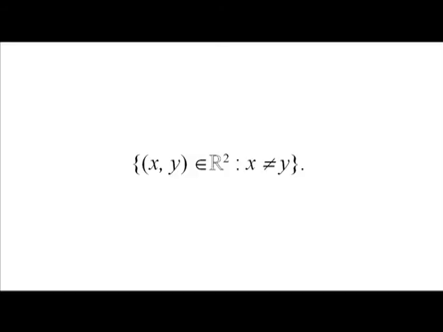That is, f is continuous on the set of all ordered pairs (x, y) belonging to R^2 where x is different from y.